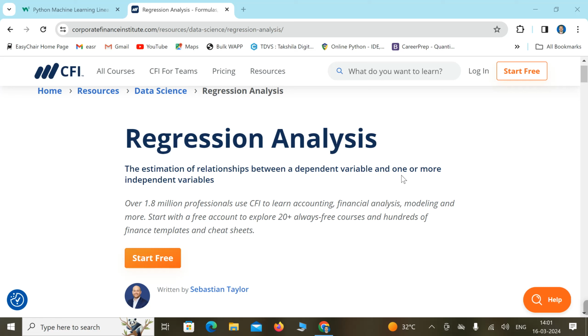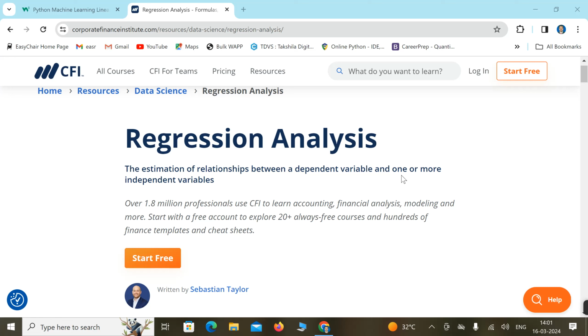I don't give any types here, but in general, I am giving an explanation of what regression analysis is. It is the estimation of relationships between dependent and independent variables. So there should be one dependent variable, as I mentioned, the price of the currency.